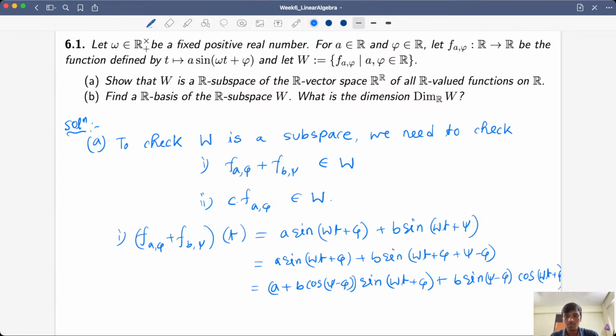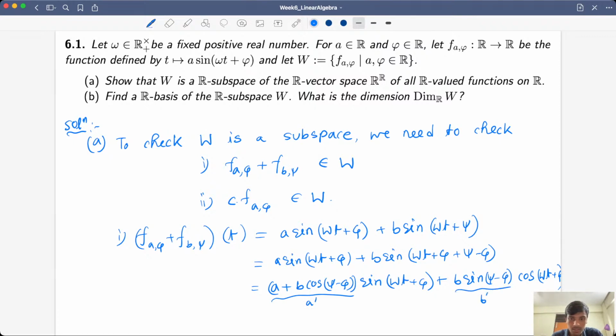So it is just splitting this: sine omega t plus phi into cos psi minus phi, plus cos omega t plus phi into sine psi minus phi. Now you define this to be some a prime and take this to be b prime.